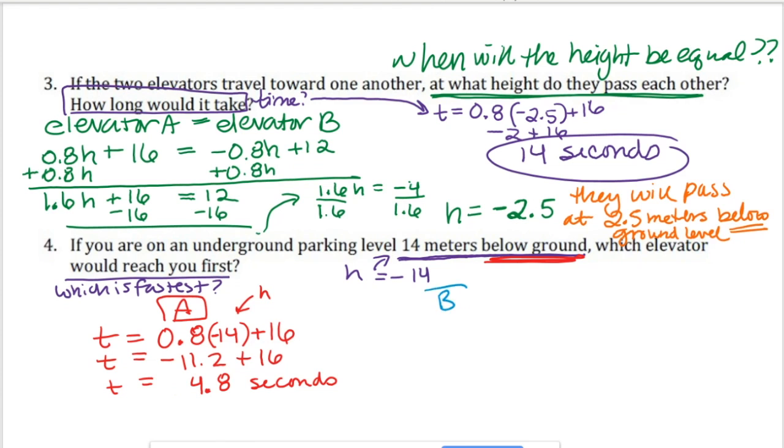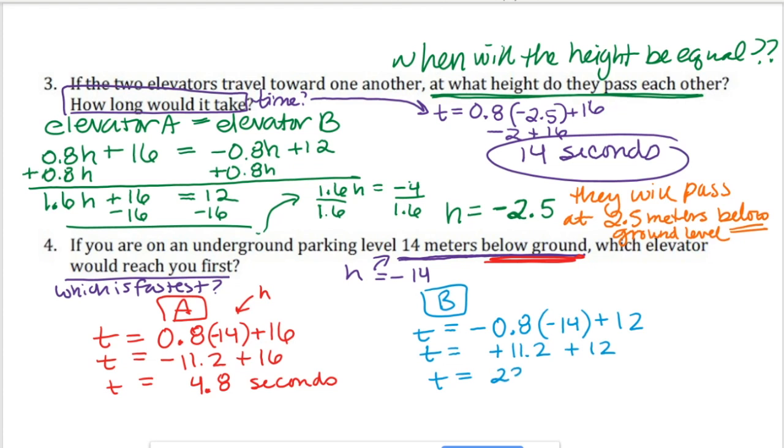Elevator B. Time is going to be negative 0.8 at negative 14 meters plus 12. So now I get positive 11.2 plus 12. So for elevator B, the time is going to be 23.2 seconds.